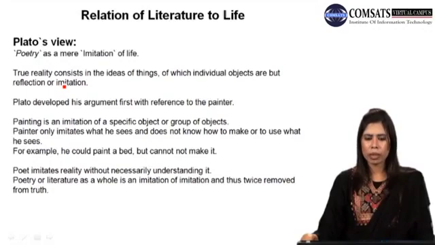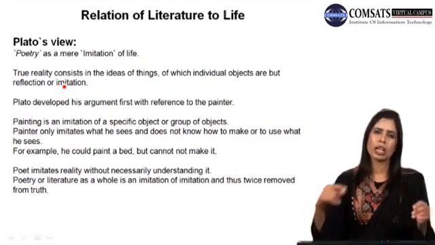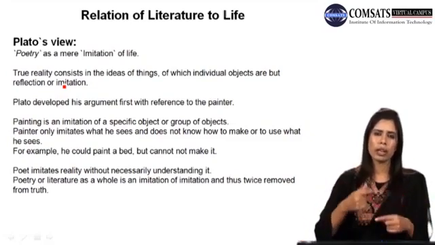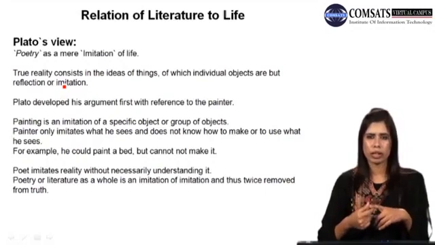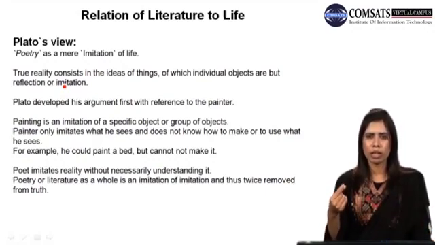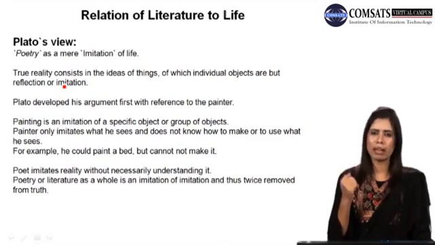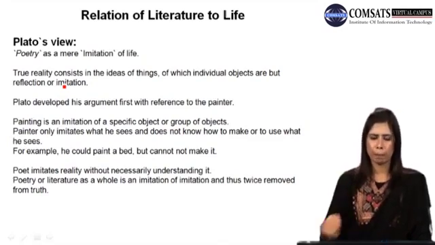He developed the argument first with reference to the painter. So he gave the example of the painter, and then he would relate that example with that of the writer as well. Let me explain the example of the painter here. Previously we were talking about poetry as a mere imitation of life. Here this is an example of a painter.